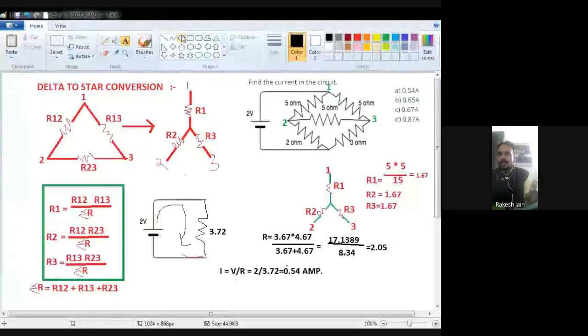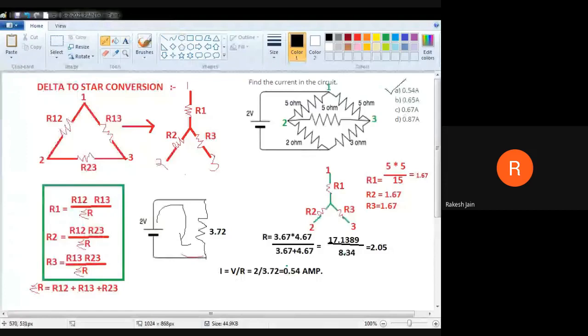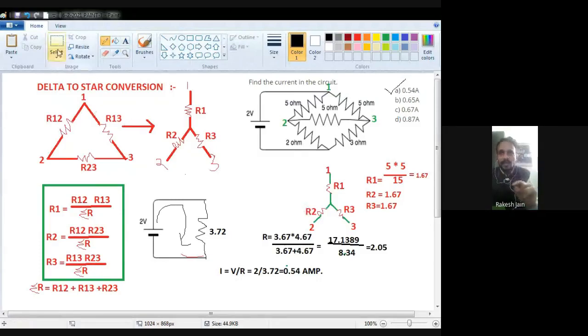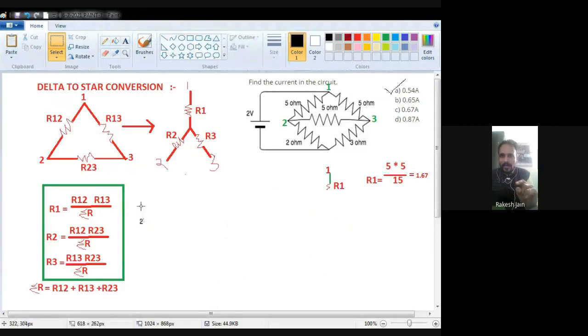One is of 1.67 and one is of 2.05, so now we add these two resistances. 2.05 plus 1.67 is equal to 3.72. So these two resistances will be removed completely, and only a single resistance will remain, whose value is 3.72.